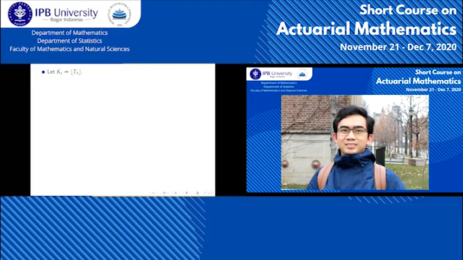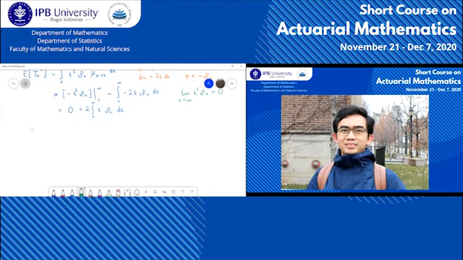Okay, let's introduce a new random variable in the remaining time. Let Kx be the floor of Tx. So we apply the floor function to Tx, which chops off any decimals. So for example, suppose that Tx is equal to 26.48.